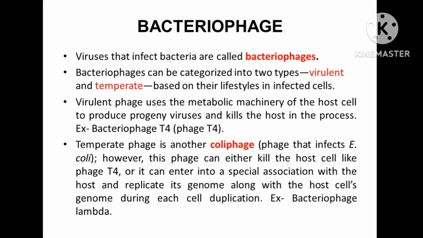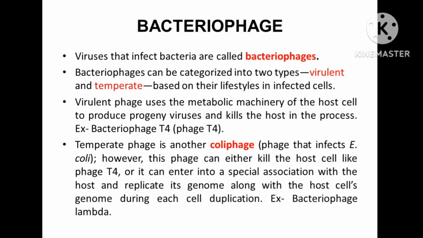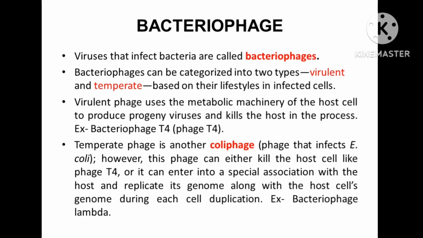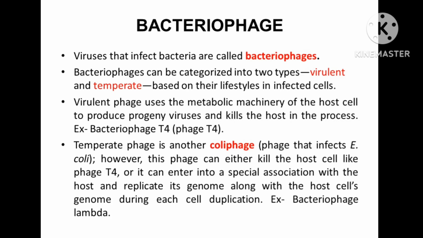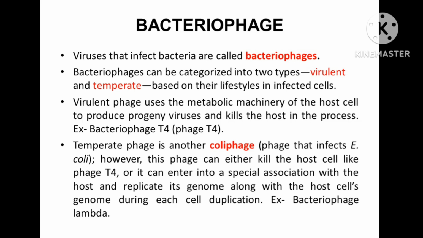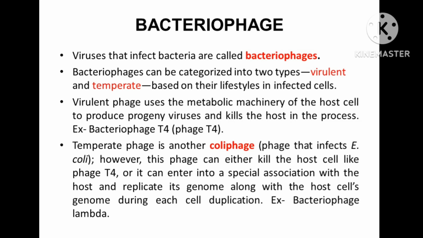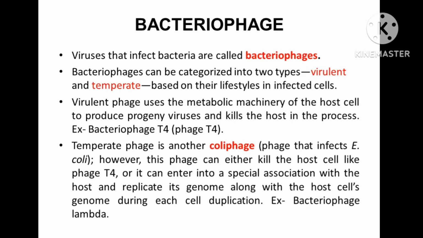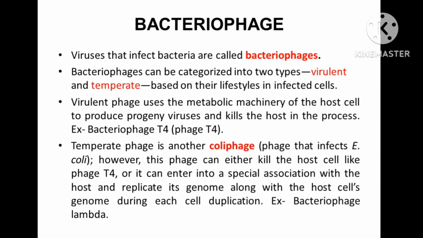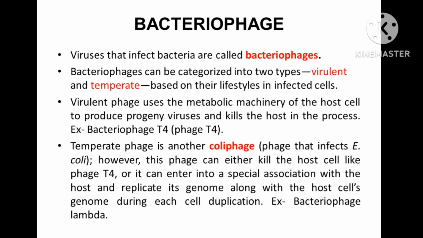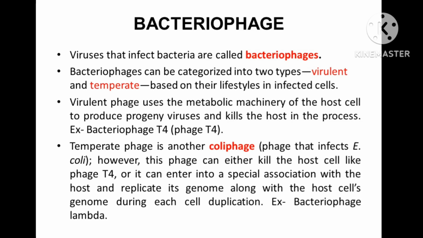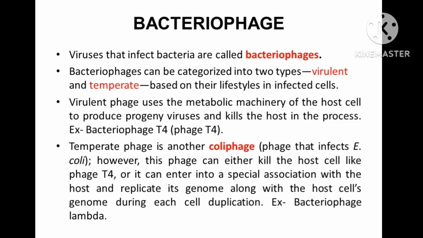Virulent phage enter the lytic pathway that uses the metabolic machinery of the host cell to produce progeny viruses and kills the host. Example is Bacteriophage T4. Temperate phage either enter lytic pathway or lysogenic pathway inside the host cell.